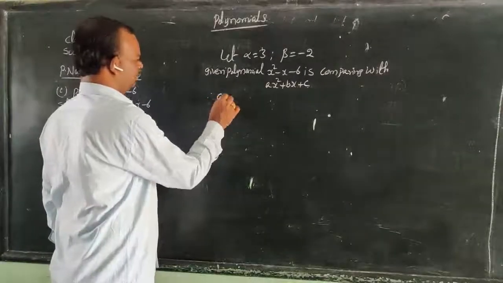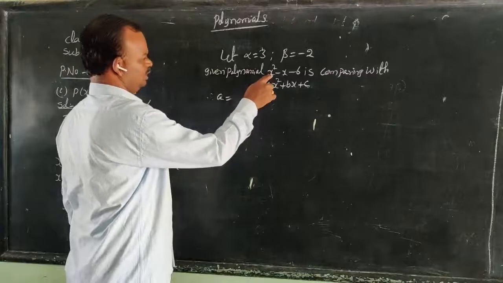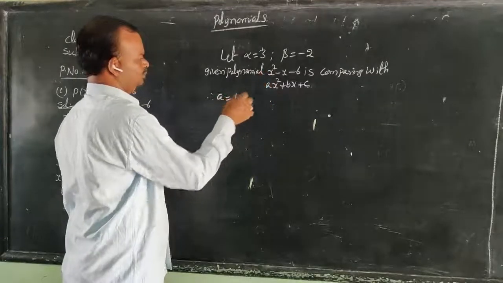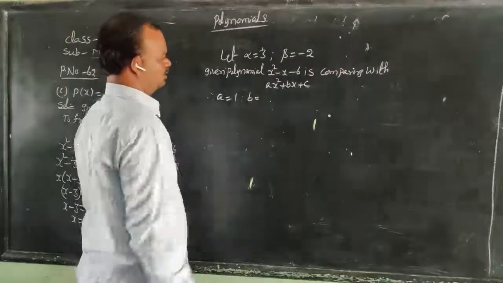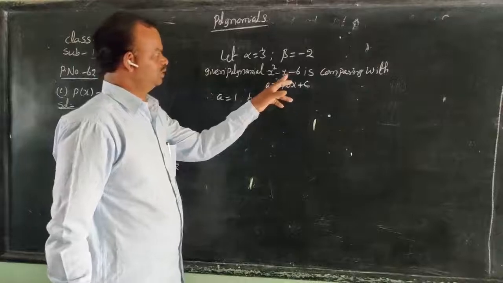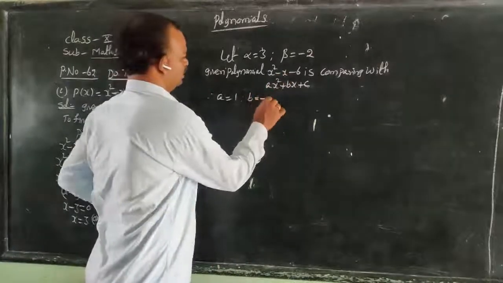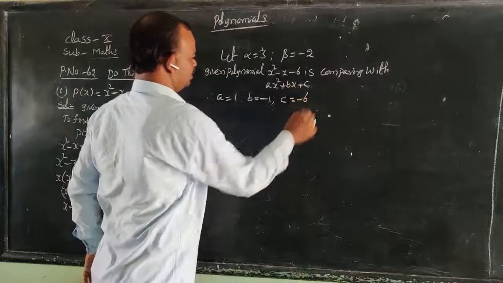Therefore, a, b, c: the coefficient of x square is a, and the coefficient of x square is 1. The coefficient of x is b, and here the coefficient of x is minus 1. The constant term is c, and here the constant term is minus 6.